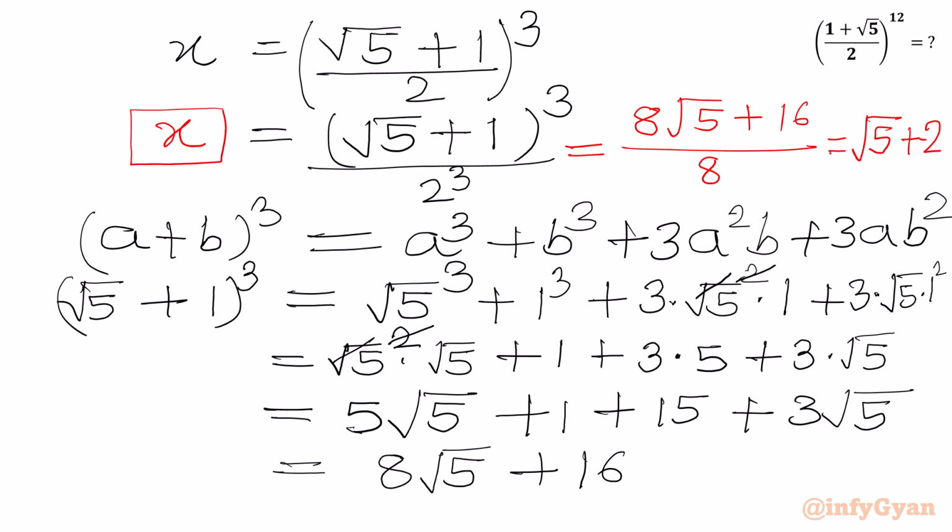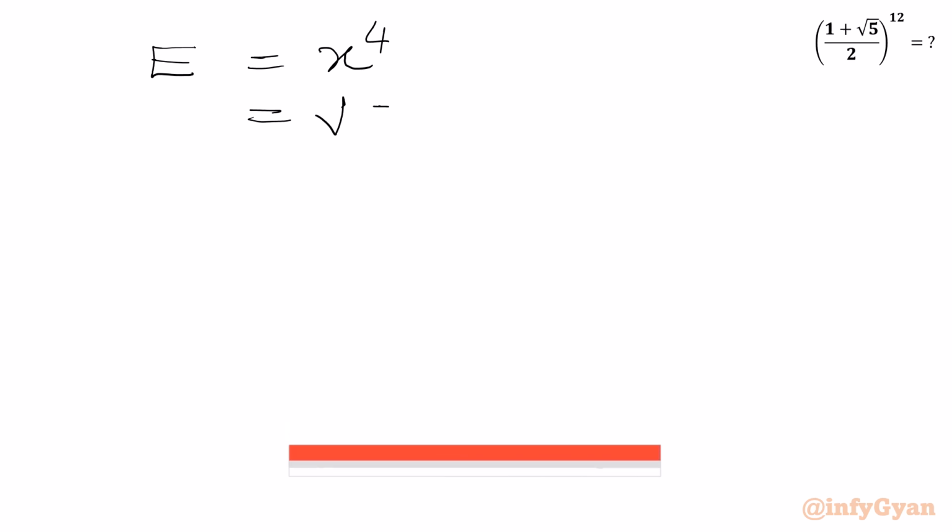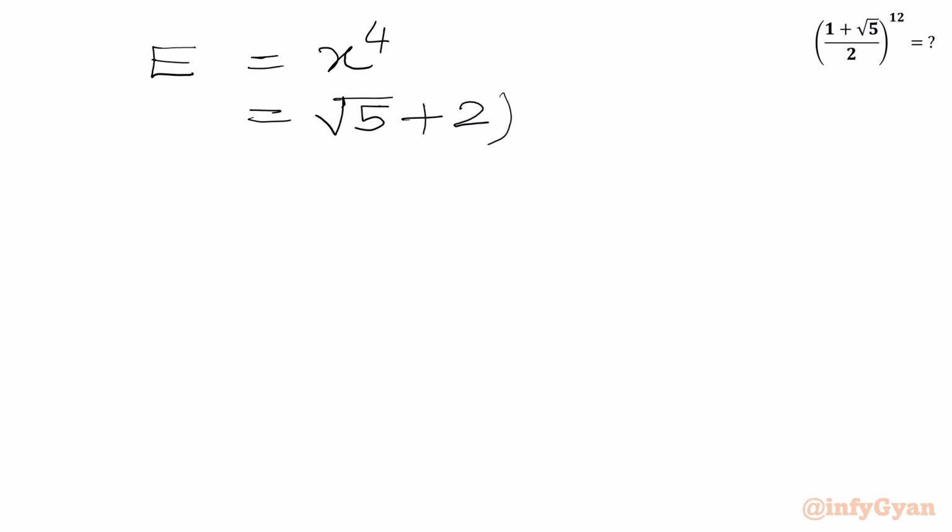This is the value of x. Let's put it over there. We will calculate our required expression E. So I can write E = x^4, where x is √5 + 2, whole power 4.